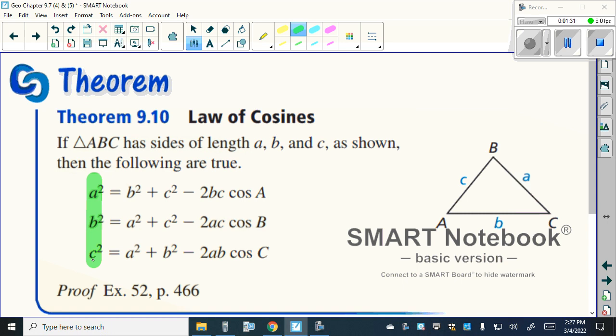Now, law of cosines is really useful if we're given side, angle, side, where the angle is in the middle, or side, side, side. Because if we're given one of these two setups, we can't actually use law of sines. We have to use law of cosines.